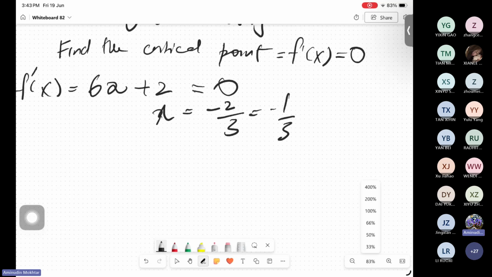When x equals negative 1 over 3, the function reaches the critical point. Remember, a critical point is also a coordinate point.